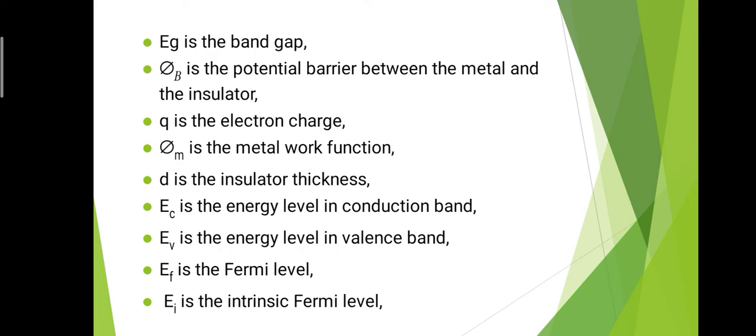Q is the electron charge, phi m is the metal work function as we already discussed, D is the insulator thickness, EC is the energy level at the conduction band, EV is the energy level in the valence band, EF is the Fermi level, and EI is the intrinsic Fermi level. We know that in a pure semiconductor material, with no doping, the intrinsic level lies at the middle of the conduction band and the valence band. So this is the EI.